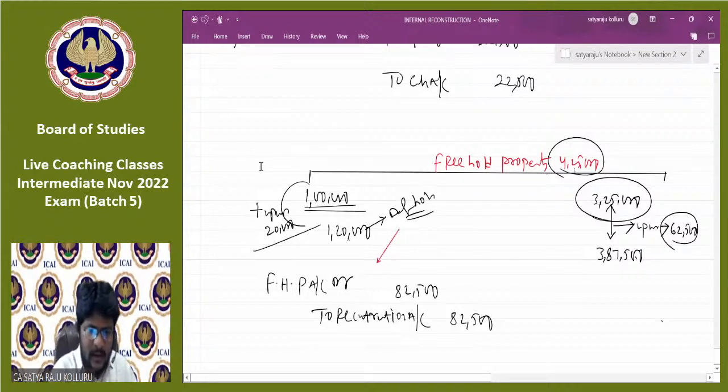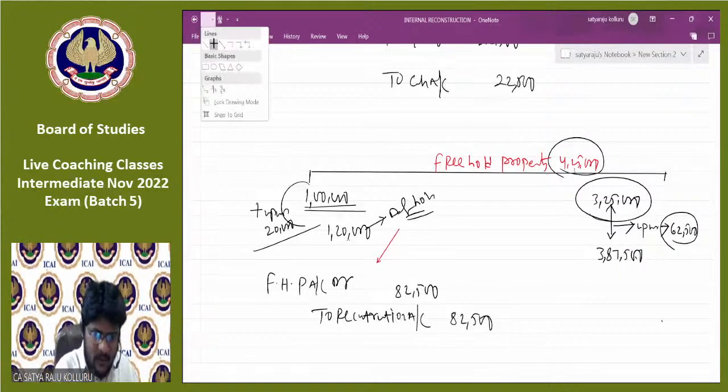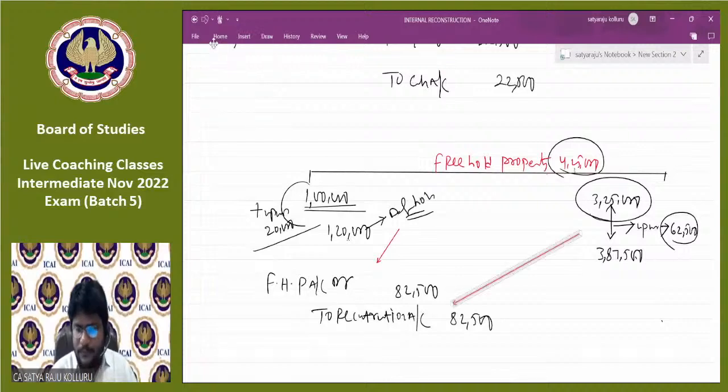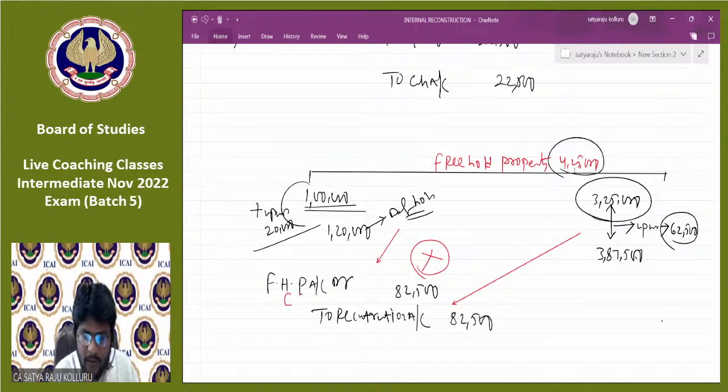In a single entry, you can express that. Is it okay, guys? Freehold property to reconstruction, which is an upward revaluation. Do we agree, all of you? In brackets, if you want, you can mention 20,000 plus 62,500.